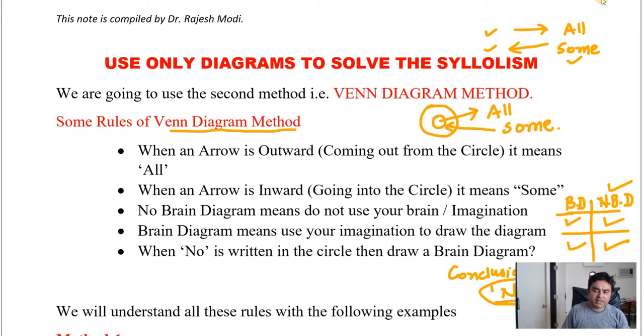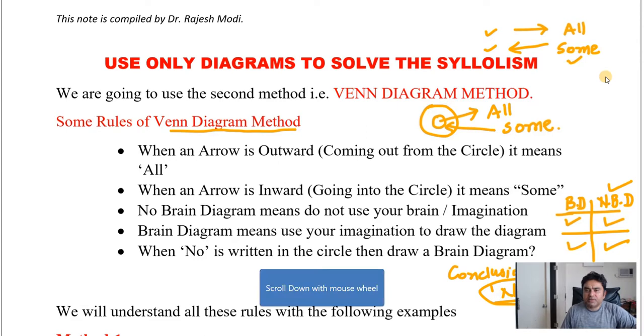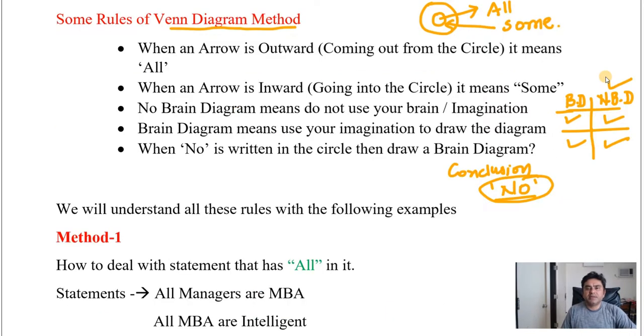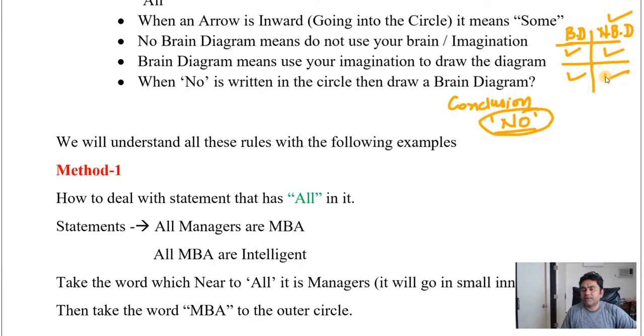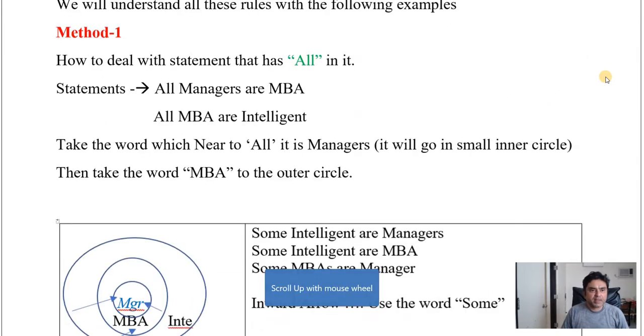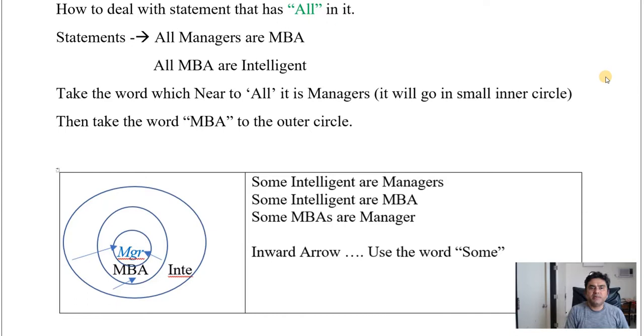So these are the basic rules of syllogism. We will apply each rule when we discuss different models of the Venn diagram. Let us understand the following example, how to deal with the idea of all. This is our model number 1. All managers are MBA. What is the word next to all? It is manager.